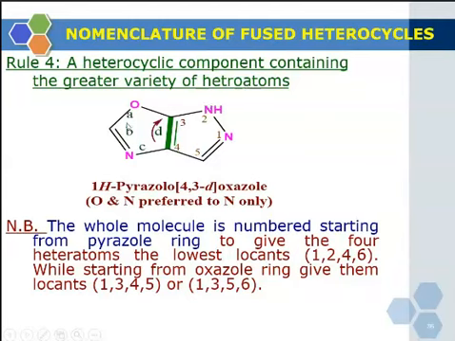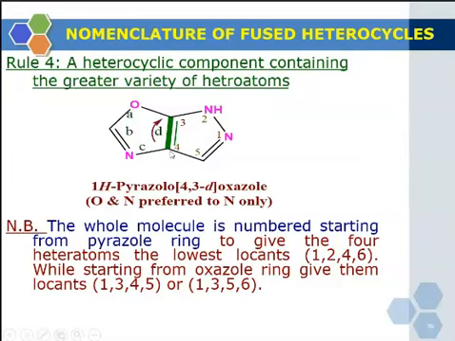The parent heterocycle is fused with the substituent heterocycle along its D surface. Hence, pyrazole, oxazole, both are fused. The oxazole's D surface is fused with the pyrazole ring along the surface 3,4 or 4,3.